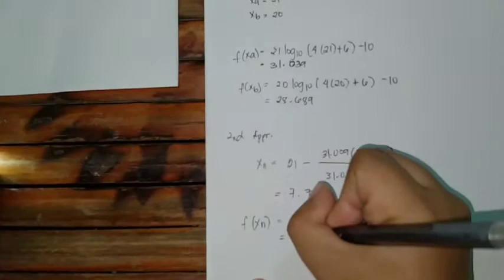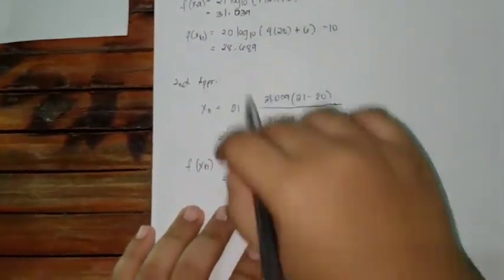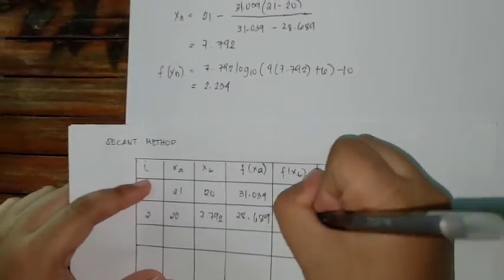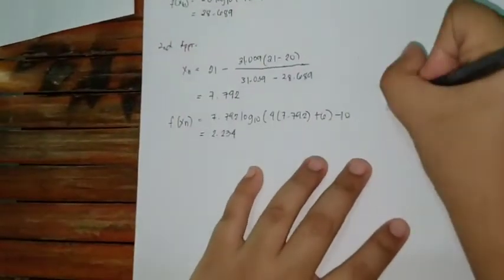So we have 2.234. Now we're going to put 2.234.